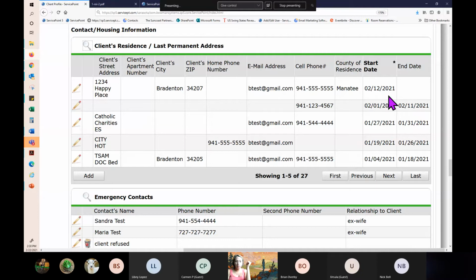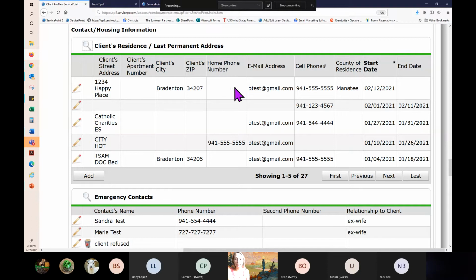It will save a lot of people a lot of time in the long run. When we have clients with long histories of homelessness in our system and they've updated their information a bunch of times, their phone numbers changed 15 million times, their addresses are all over the place, when we see open data in here, it looks like that's where the client's living because there's no end date.